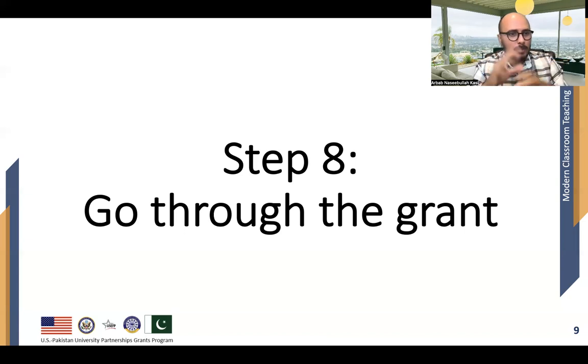So you should have an explanation about yourself, or about the person who is going to implement, or about the organization, and also your project, what you intend to achieve.